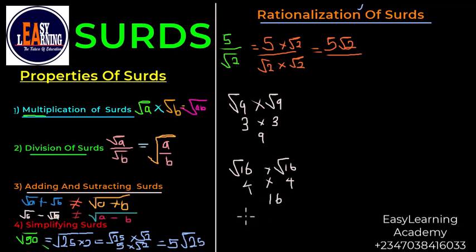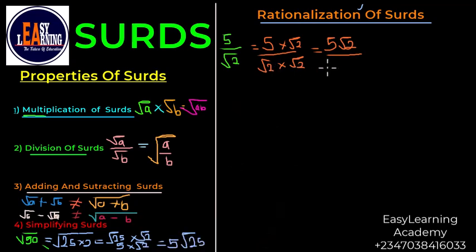So even though we have something like a square root of 5, which is not a perfect square, and we multiply it with another square root of 5, we don't know the square root of 5, but since we know that square root of a number times square root of a number is that number, as proven in this and this, it means that square root of 5 times square root of 5 will also be equal to 5. All right, so of course here is 2, here is 2.